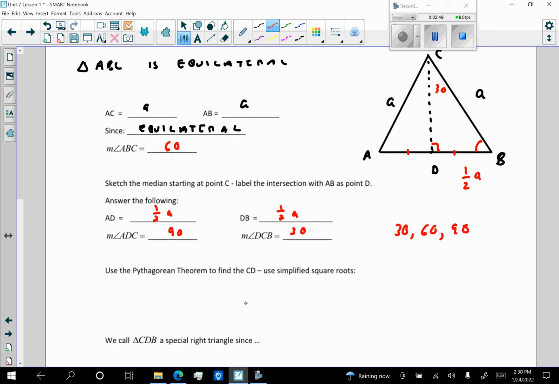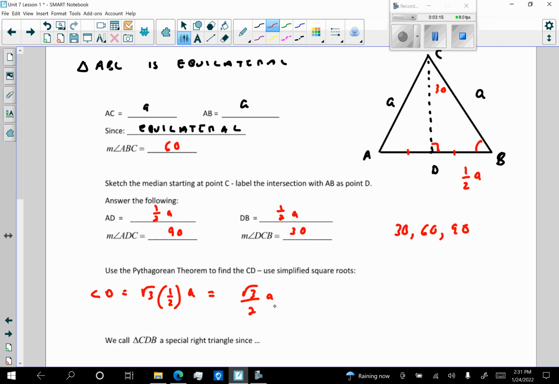But you know what we're going to do? We're just going to use the property of 30, 60, 90 triangles that says the long leg is square root of 3 times the short leg. So CD is going to be the square root of 3 times 1/2 A, and we're just going to write that as square root of 3 over 2 A. And so that's the length of CD.